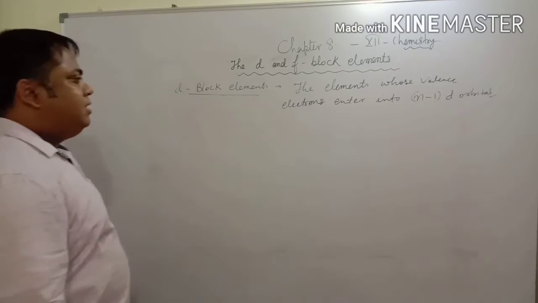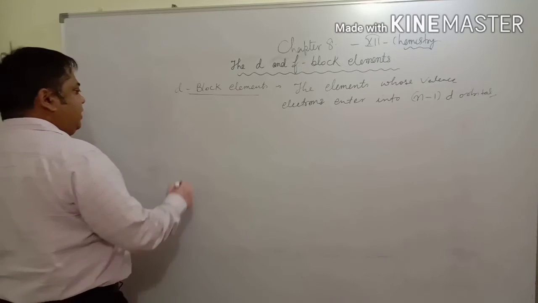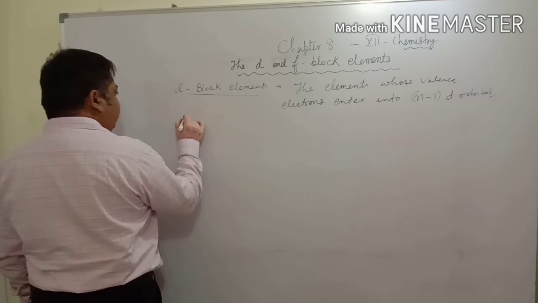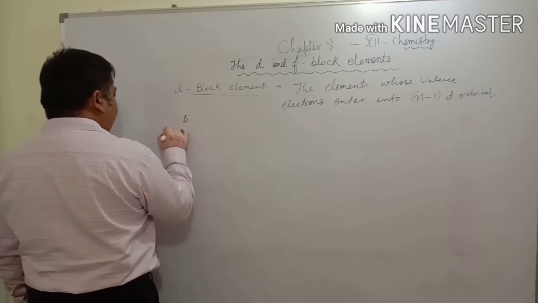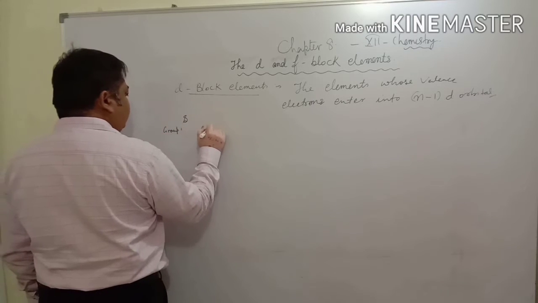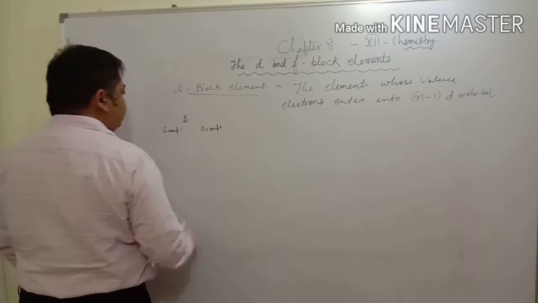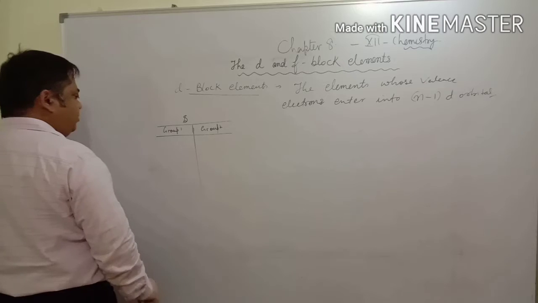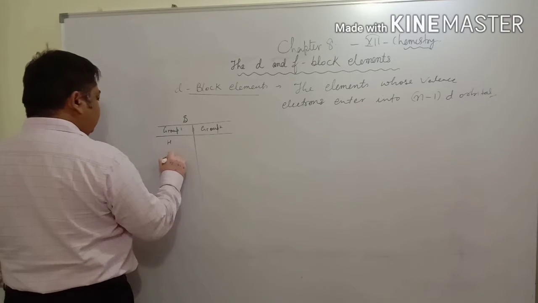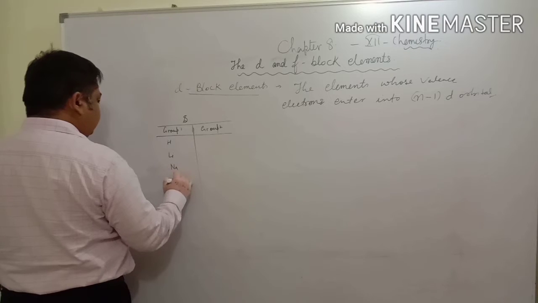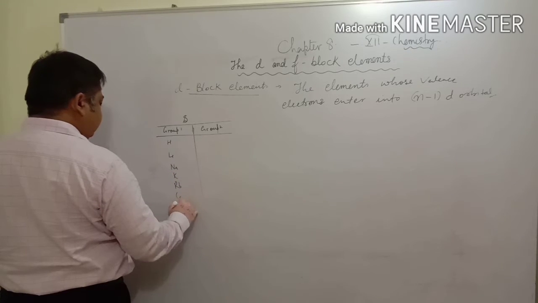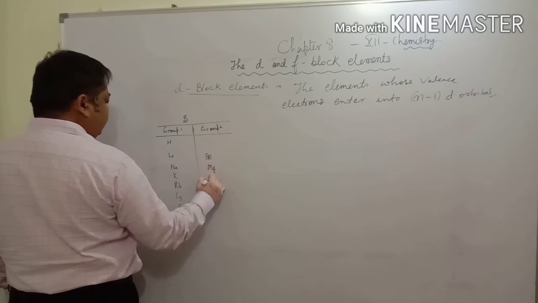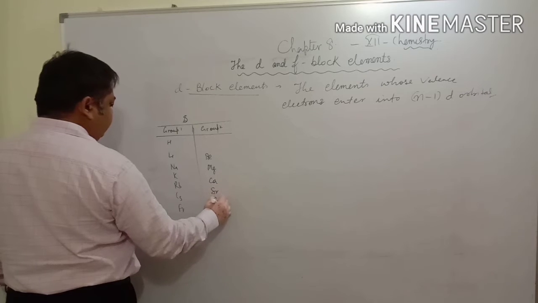Now, what is the meaning of n-1 d orbital? Let us take the example of the periodic table. We know that the S block elements contain group 1 and group 2. In group 1 and group 2, the elements are hydrogen, lithium, sodium, potassium, rubidium, cesium, francium, and here magnesium, calcium, strontium, barium, and radium.